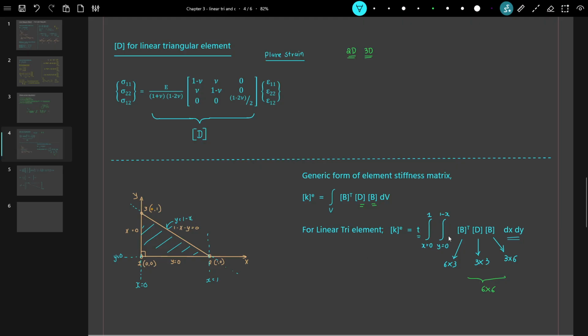So these are our limits of x and y for the integration. From the generic form, we have written the element stiffness matrix for the linear tri element.